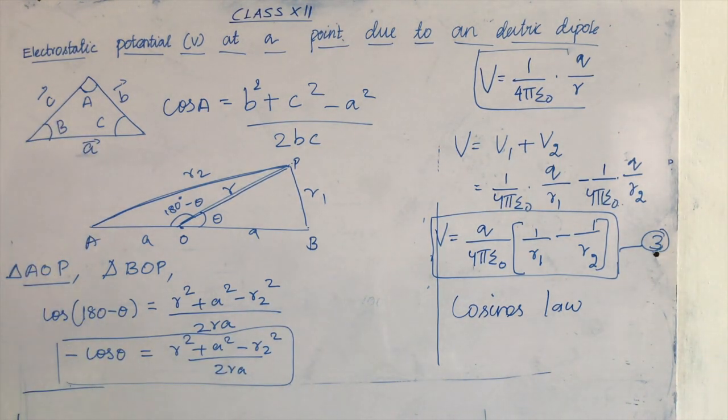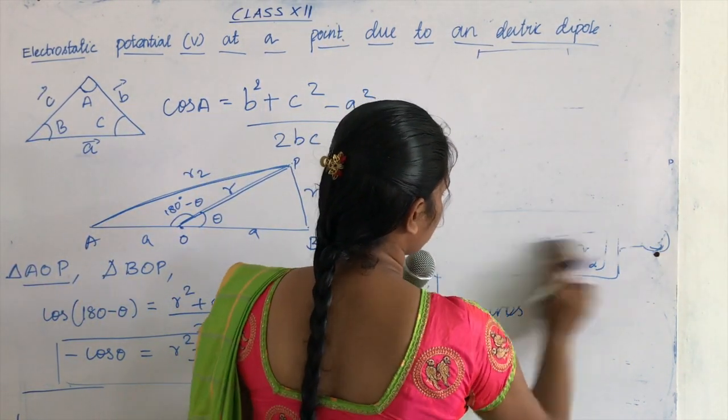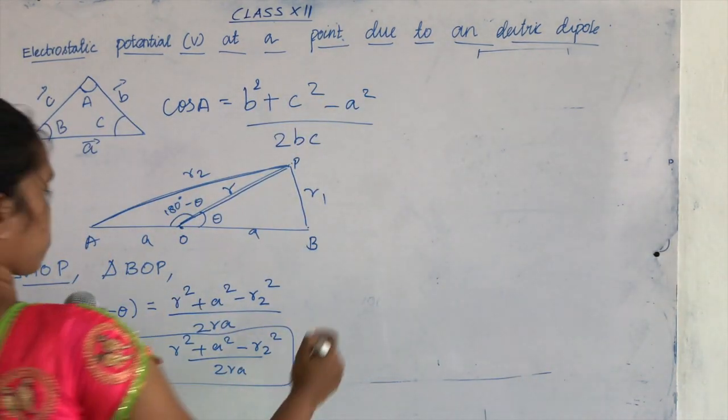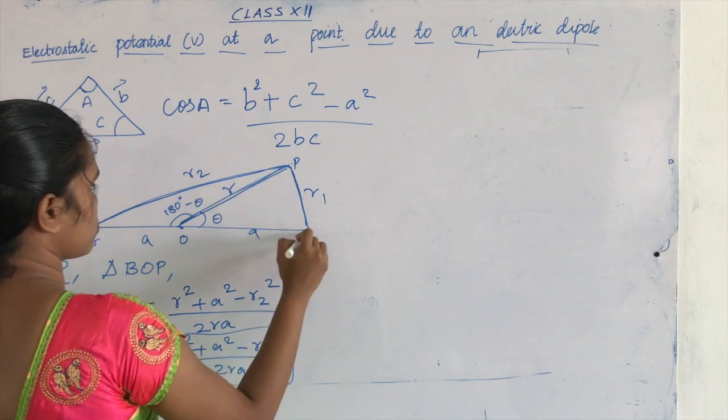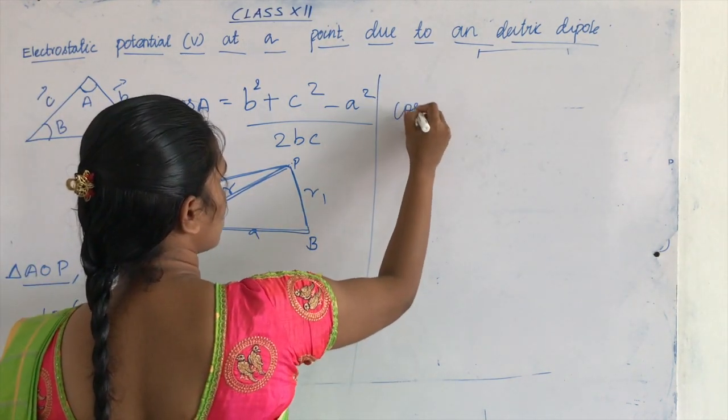Now we are going to take the other triangle and apply the cosine law. Take this triangle, triangle BOP. Apply cos theta.